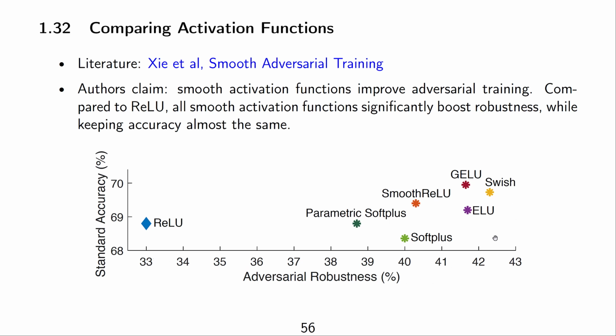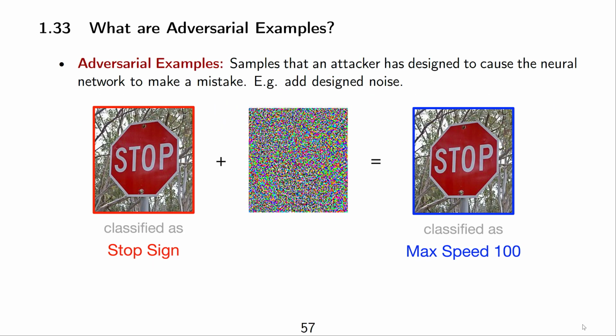And you notice that several of these are smooth activation functions, and even ones that are non-monotone and have this slight dip around the 0 range.